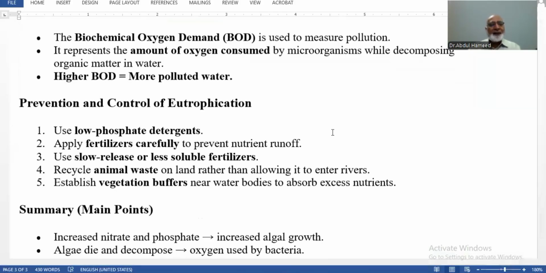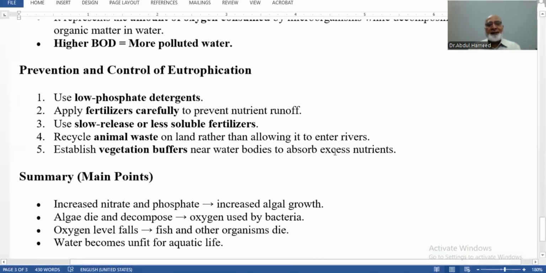Then we can also improve the recycling of animal waste at a more rapid speed level. We want to restrict the entry of untreated or nutrient enriched sewage into rivers and lakes.